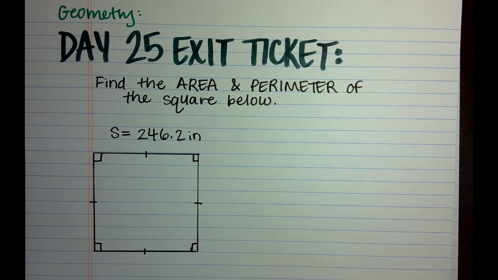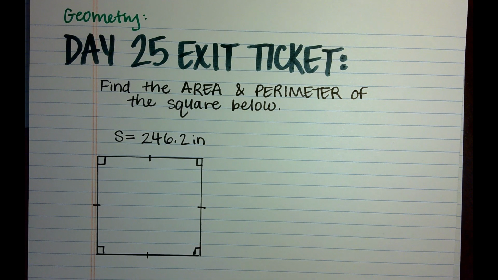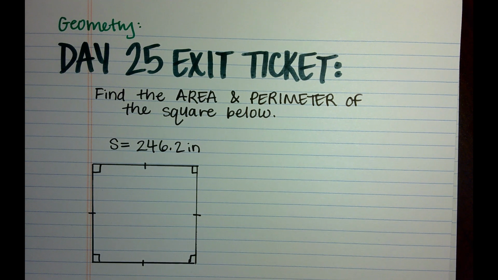Make sure you put your area and your perimeter in the correct units. Inches or inches squared. Make sure you do the right one.